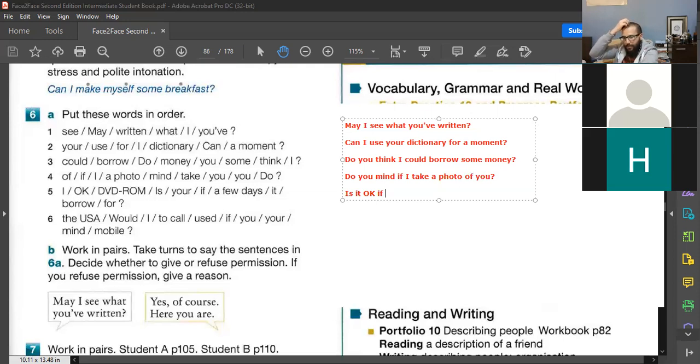Who's going to borrow? If who borrows? Is it okay if I borrow your DVD-ROM for a few days? Whose DVD is it?